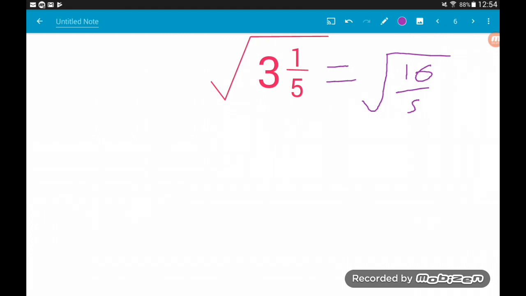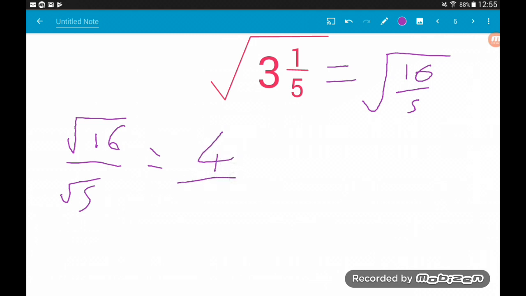Now very similarly to all the previous examples, we can think of it as the square root of 16 over the square root of 5. Now that's useful to us here. The square root of 16 is 4, so we end up with 4 over root 5.